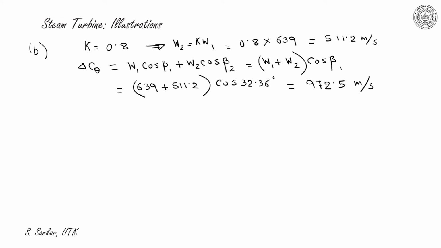Now, tangential thrust PT, as I've indicated earlier, would be equal to m dot into del C theta. That is m dot, we know, 0.75 kg per second into del C theta, which is 972.5.